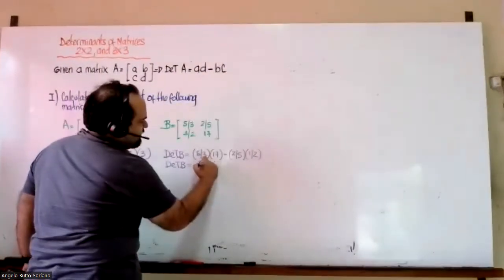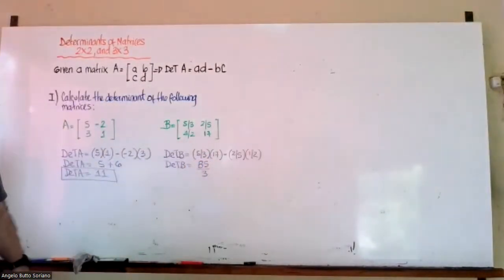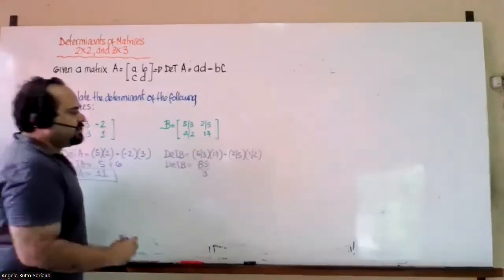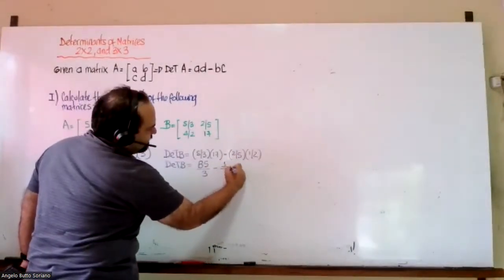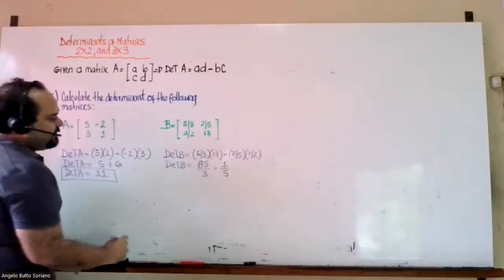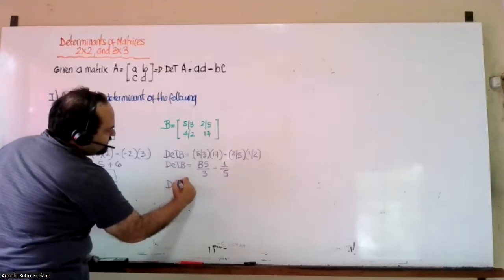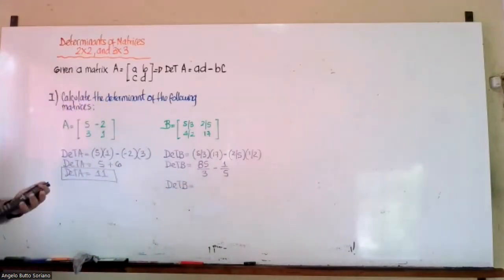We have 85/3. Okay, this 85/3 must be subtracted by -1/5, because 2/5 times 1/2 will be -1/5. For that reason, the determinant B will be equal to the difference between them, 85/3 minus 1/5.